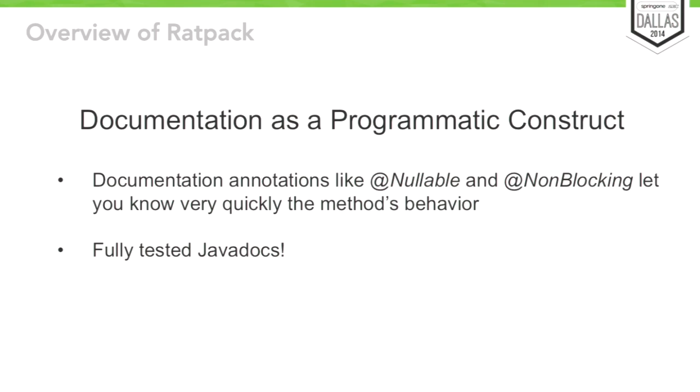So if you see a method that's annotated with Nullable, you can pretty well assume that a null value is capable of coming back out of that method. And that helps you a lot start to design your APIs or your consuming methods in a much better way.